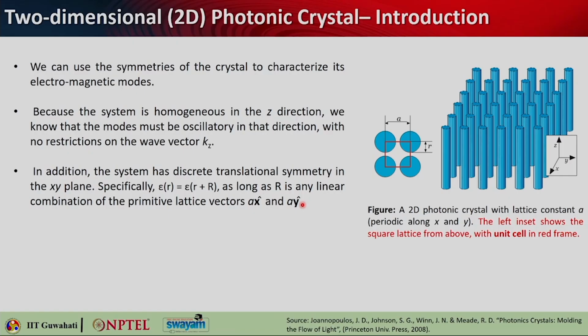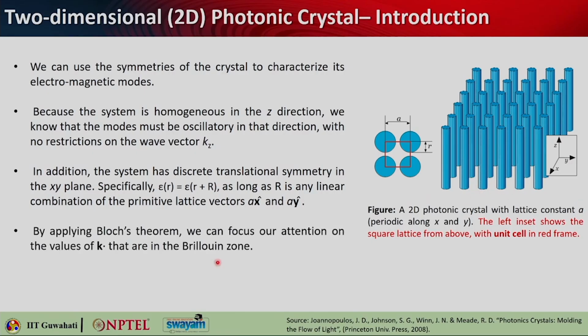Okay. So any linear combination of these primitive lattice vectors will see repetition of the dielectric property. So what is the property here? It will be the same here, here, here, here, and so on. If you look at this gap, that is air filled. If you look at the same after this distance, you will see there is a repetition in the property as well.